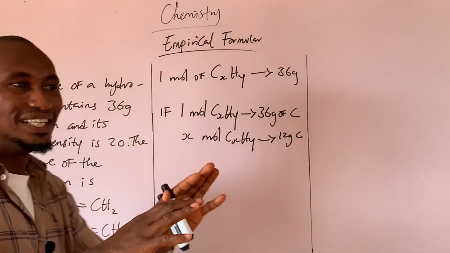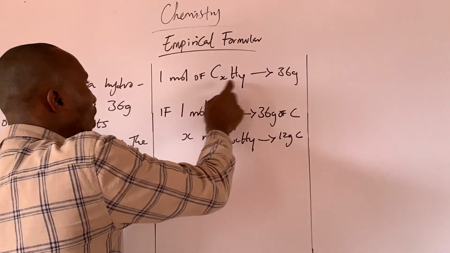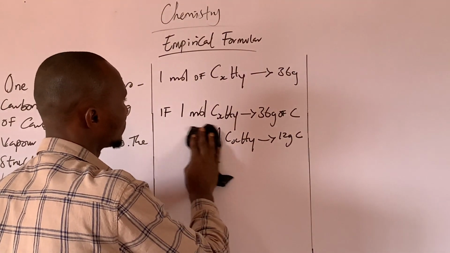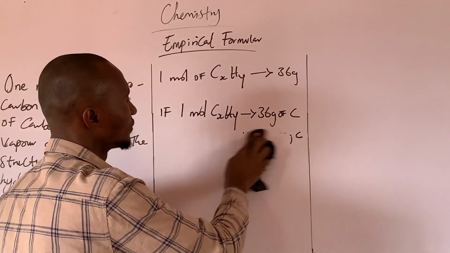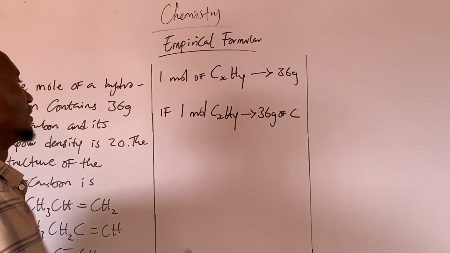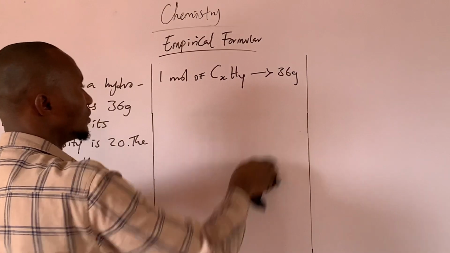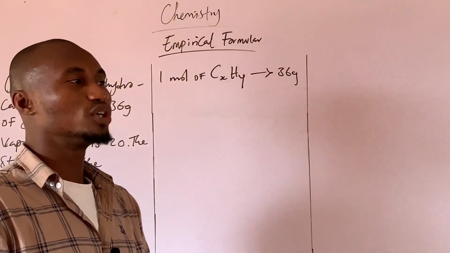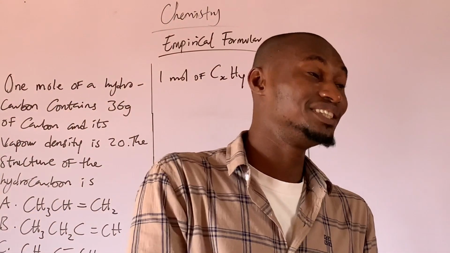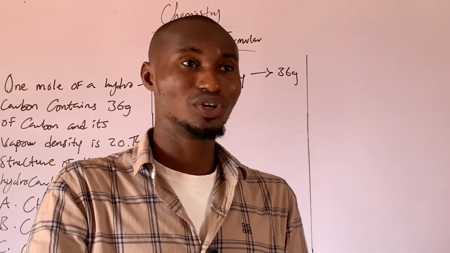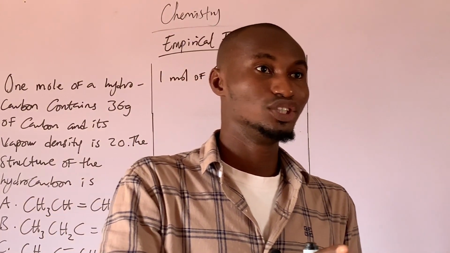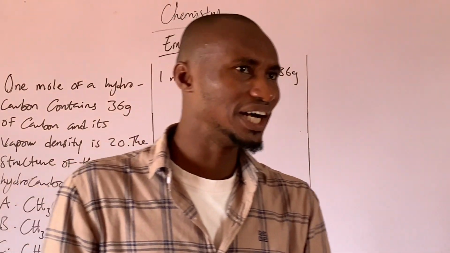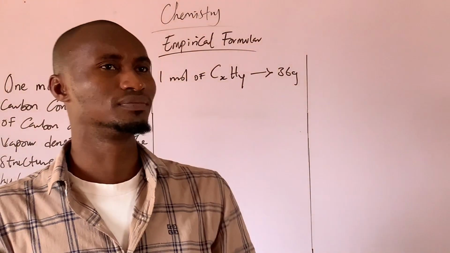Rather, we have established knowledge that 1 mole of carbon is equal to 12 grams, right? For instance, in Nigeria here, 1 kg of gas is 1,250 naira.